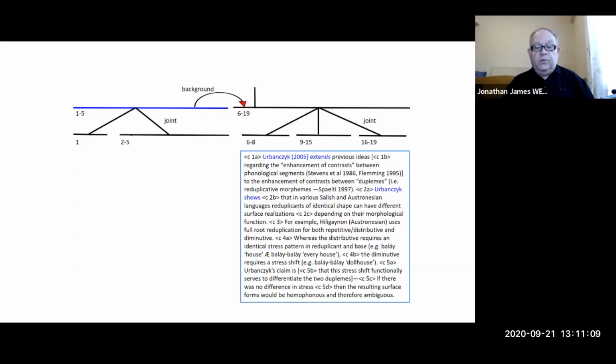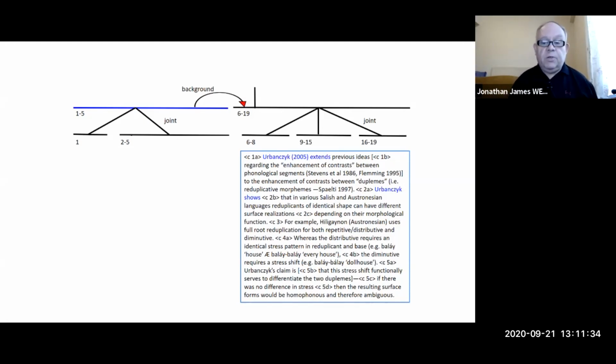All right, now 1 through 5, Urbanchik, right? The idea being that 1 through 5 is like one span. And that continuity, we said, was brought out to us by the fact that you kept repeating the same thing as theme, Urbanchik's claim.